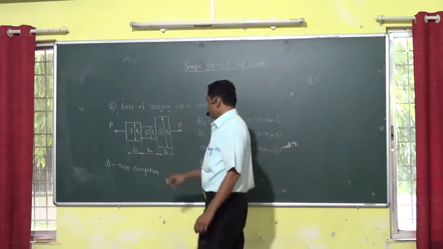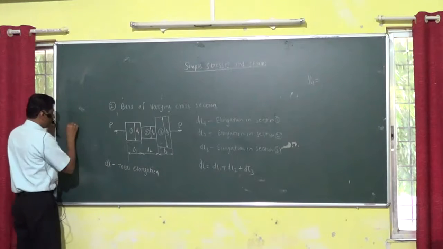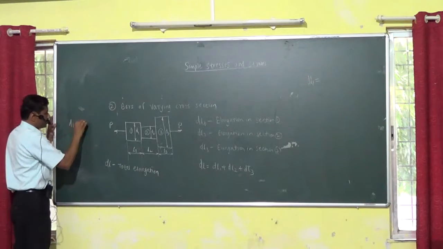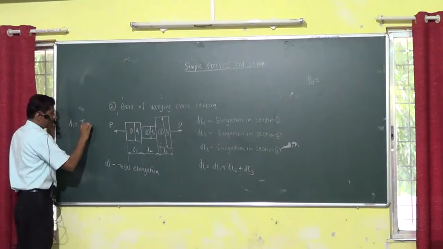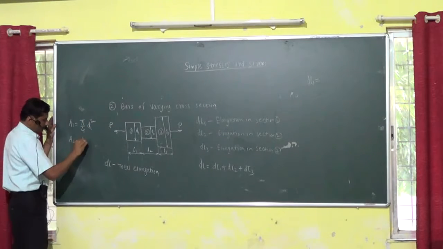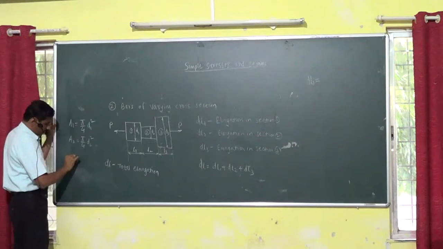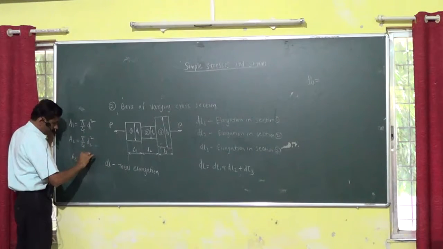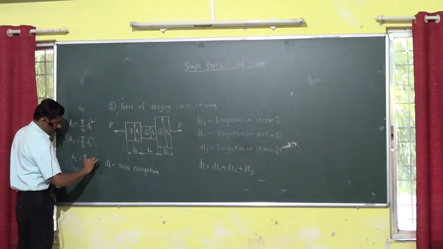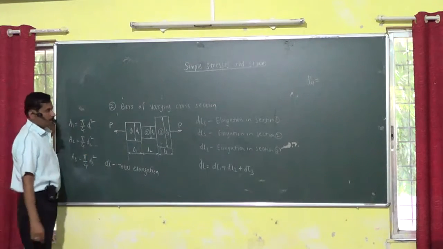As D1, D2 and D3 are different, the cross sectional areas are A1 equal to pi by 4 D1 square, A2 equal to pi by 4 D2 square, and A3 equal to pi by 4 D3 square.